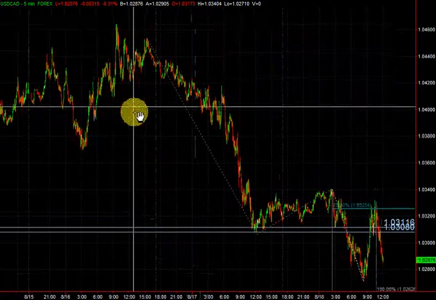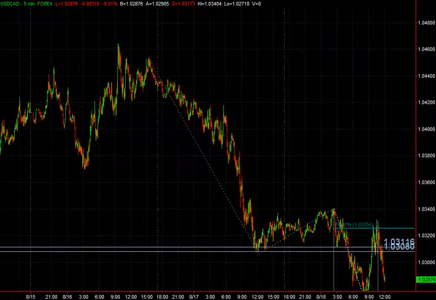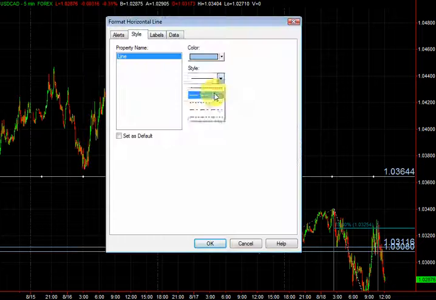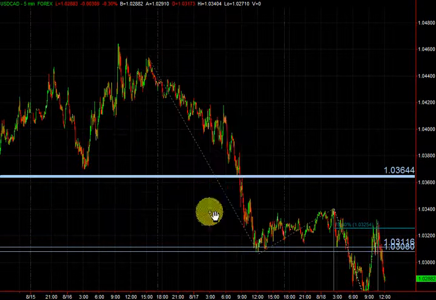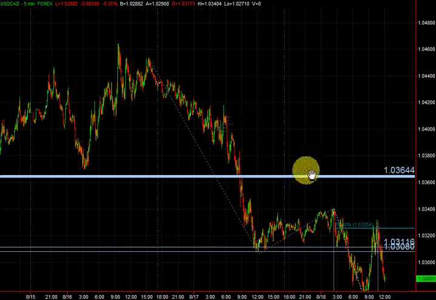On the 5-minute chart, let us make this weight a bit less than the daily, but a little bit more.